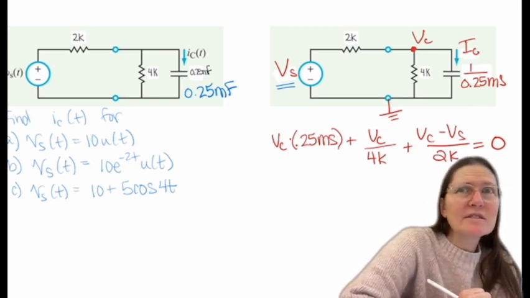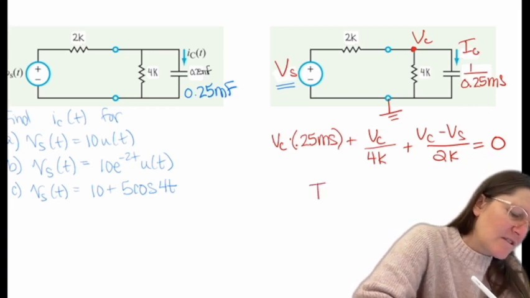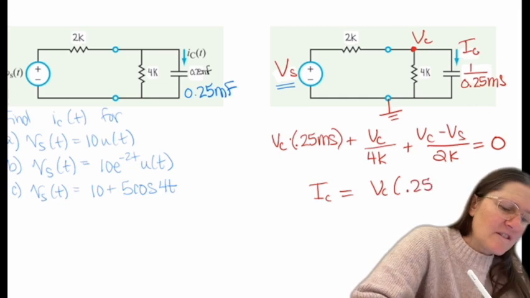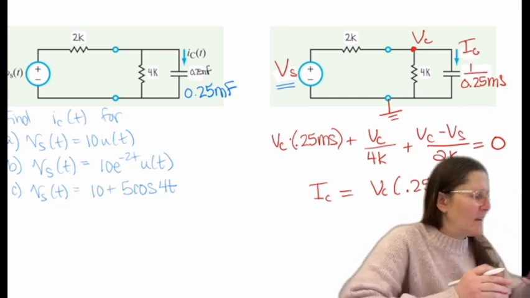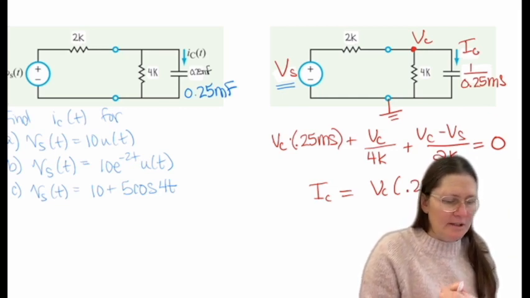So how would we get IC from this? IC is VC over the capacitive impedance, so the first equation is going to be our IC, whatever that ends up being. Okay. Right.